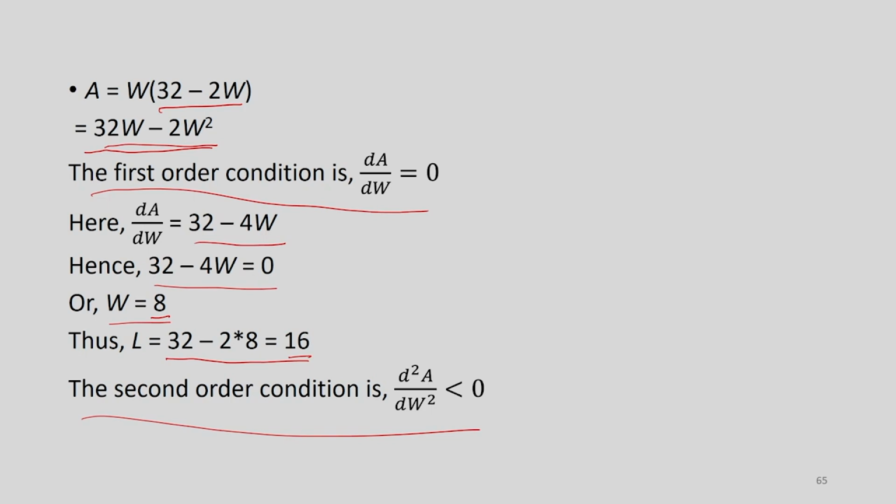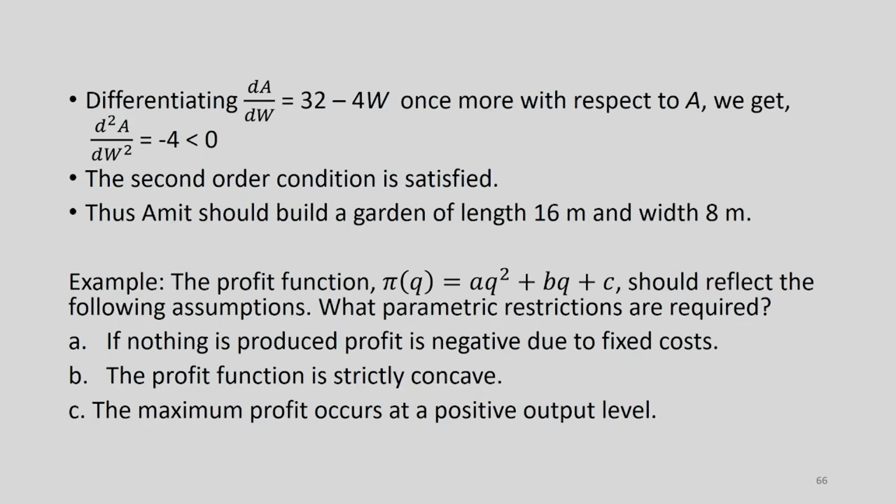So we have to take the second derivative, d square A/dW square. dA/dW is equal to 32 minus 4W. We differentiate this function once more with respect to W, and if we do so, it gives me minus 4.